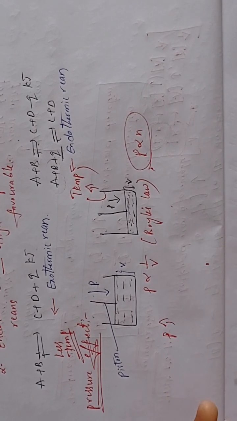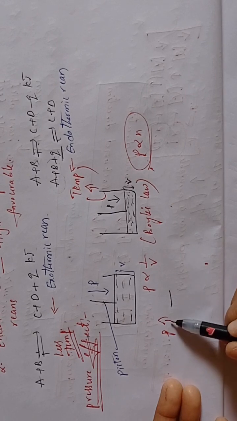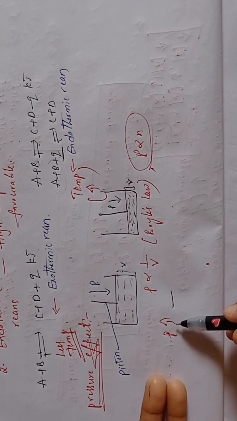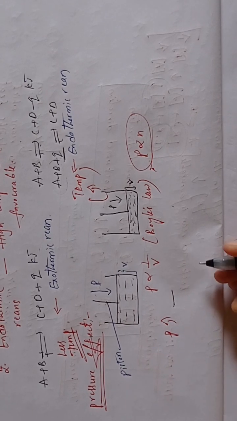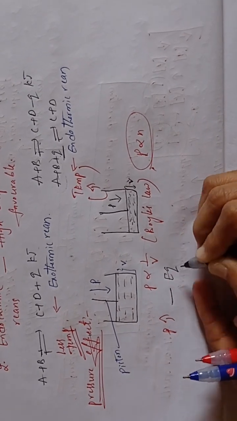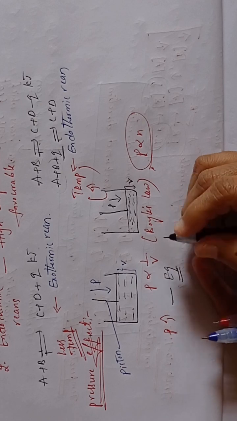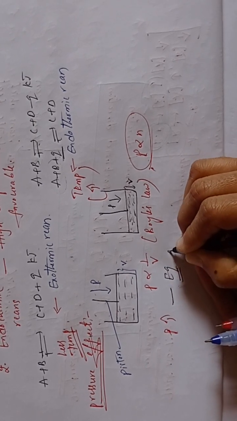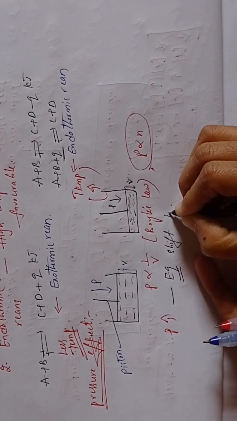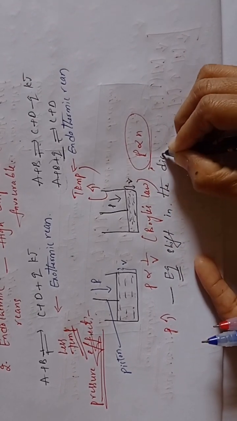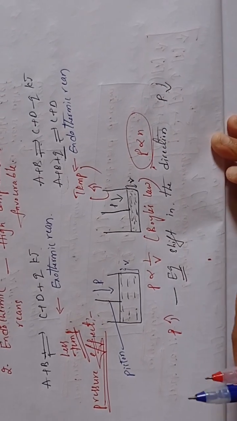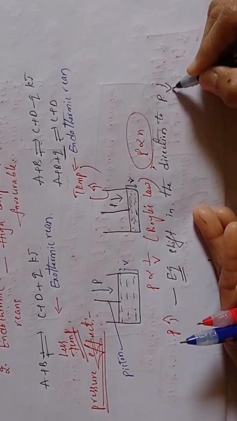Pressure increases. Then the equilibrium shifts in the direction to minimize this effect, to decrease the pressure. Understanding? So that means the equilibrium shifts in the direction to decrease the pressure. Are you clear? Now, the direction to decrease the pressure.